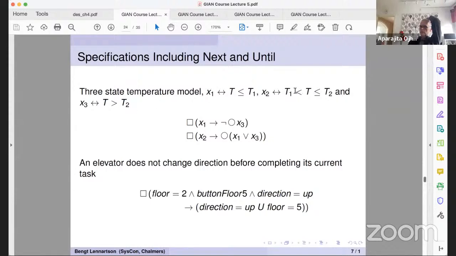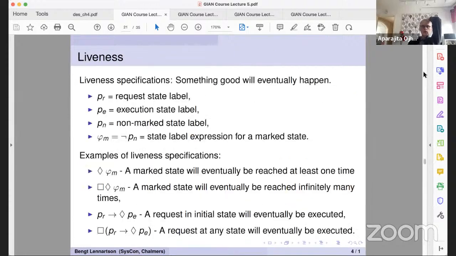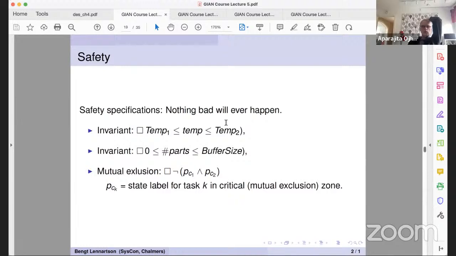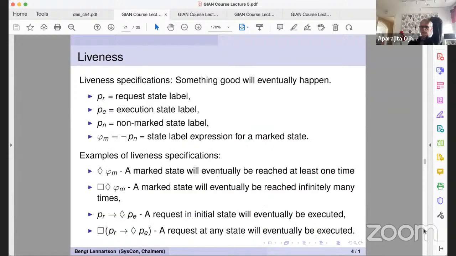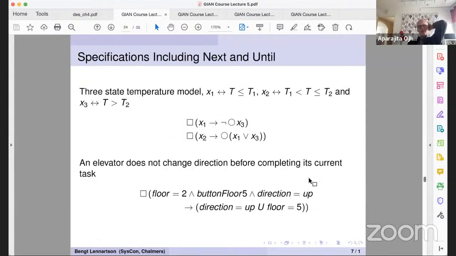So being in between T1 and T2 is the desired behavior. So in that case, you could say that you have more or less a safety specification that you would always guarantee that you are in between T1 and T2, which was more or less what I also wrote quite early here. This was a similar type of specification.